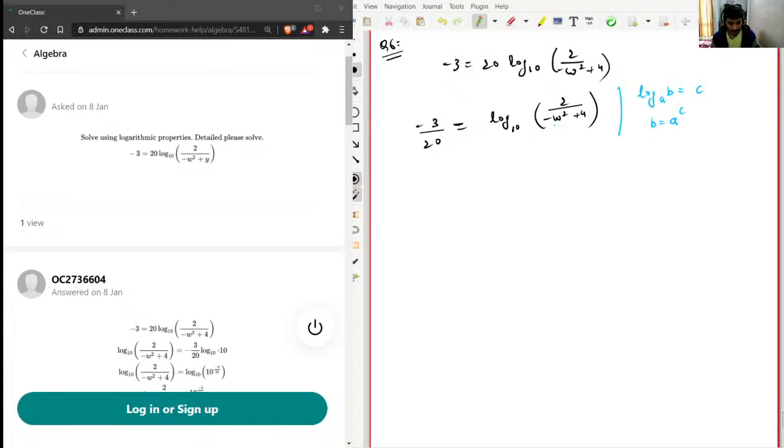In the same way, I can take the antilog here. So this will become 2 over minus w square plus 4 equal to 10 power this whole term, which is minus 3 over 20.